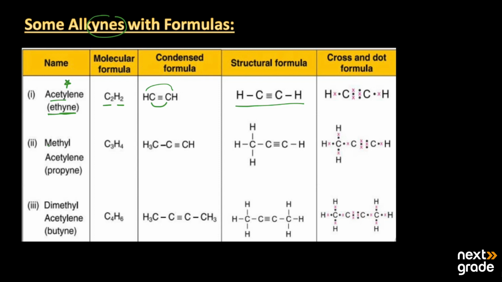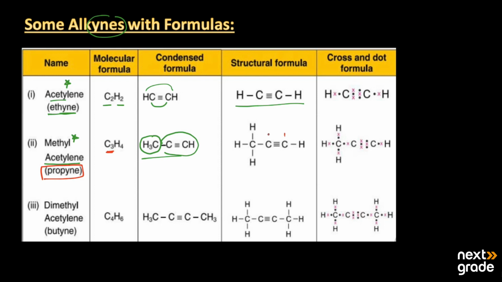The second one we have is methyl acetylene, in which this is the methyl group and this is the acetylene group. So that is its common name, and the IUPAC name is propyne, because it contains three carbon atoms. Its structural formula is like this.